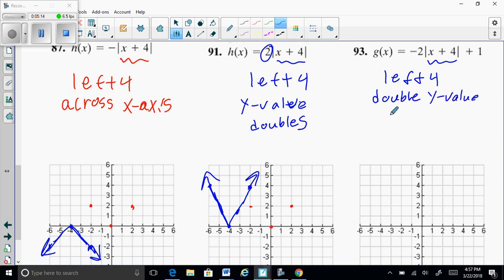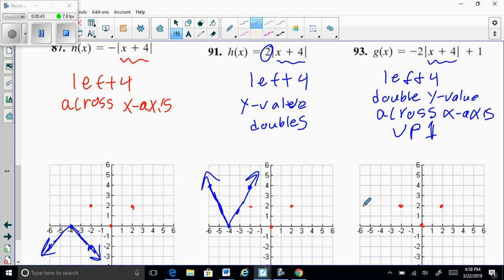And then we're going to go across the x-axis, and then we're going to go up 1 unit. So quite a bit going on, but if you look at this, every single one of these, they're not all that different in terms of figuring out the transformation. And once you figure it out, you just take these points and follow these directions.